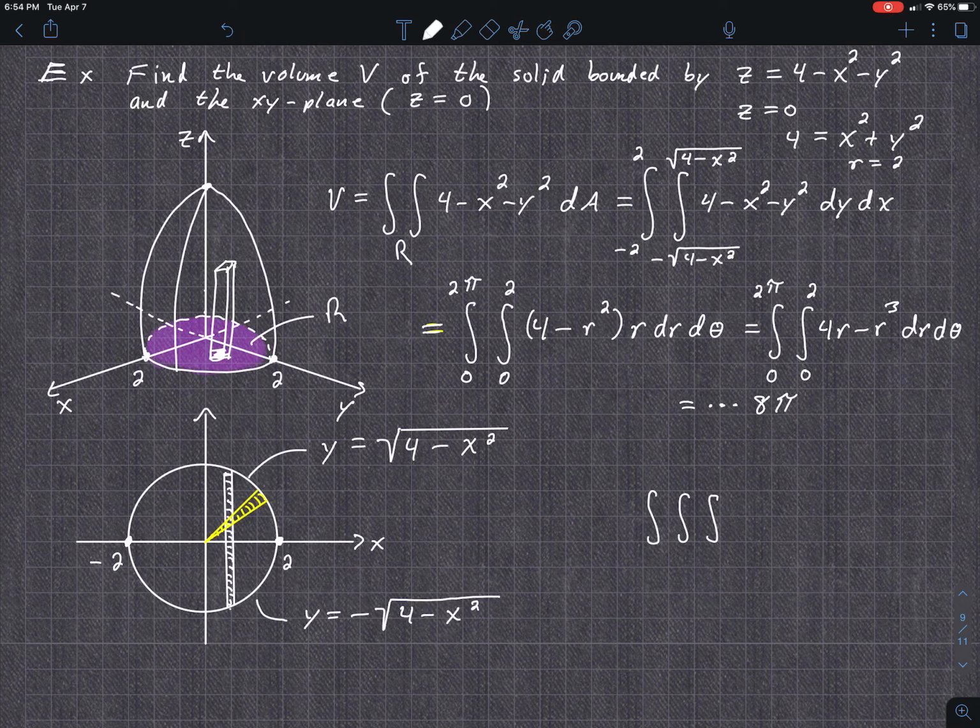Next, what we're going to look at is triple integrals. We're going to define it, but with this same setup, instead of putting in the integrand like this, you basically go from 0 to 4 minus x squared minus y squared, and then you put in the same other limits here and here, and then you say dV.